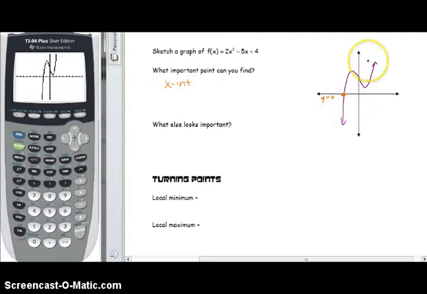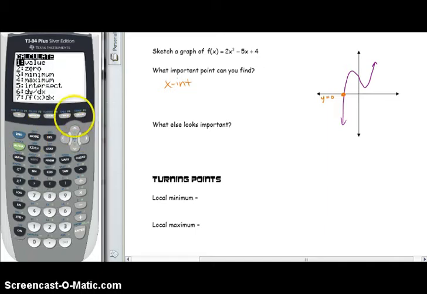When we are looking for this, there's a function in our calculator to help us find our 0. If we go to second trace, we're going to look for our 0 function. We hit the second option. Now left bound, so that means we're going to go all the way to the left of our 0, until it's negative.